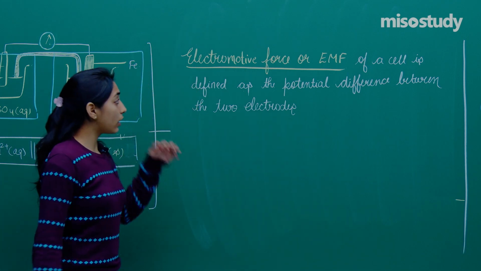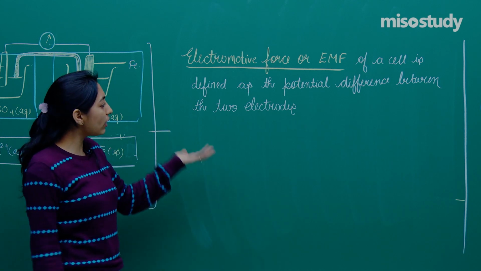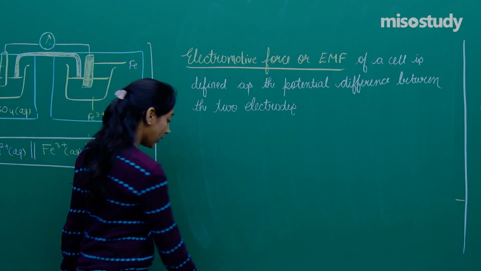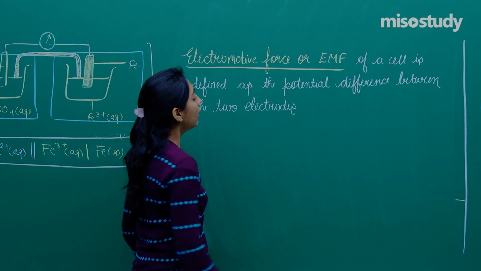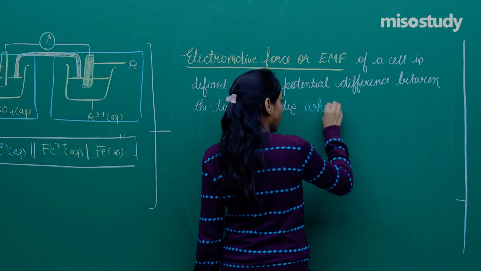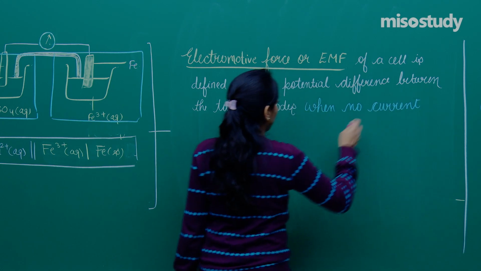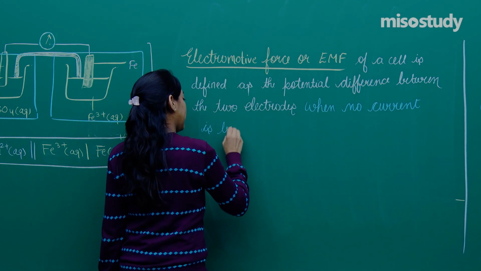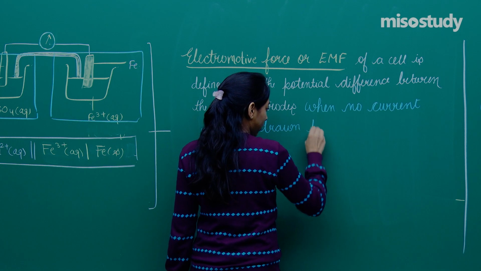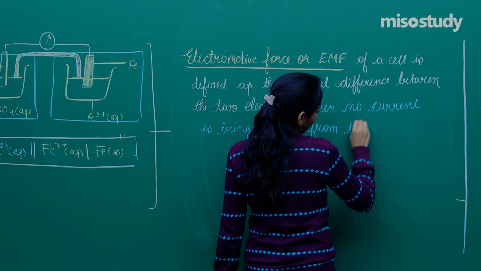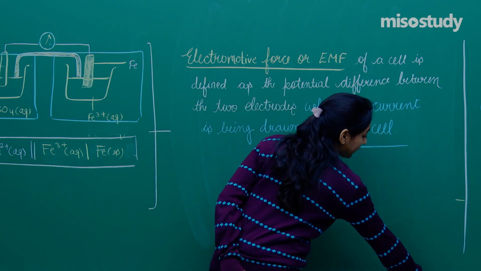So the electromotive force or the EMF of the cell is basically defined as the potential difference between two electrodes. The definition is not complete. You need to add another point: when no current is being drawn from the cell. This line is really very important.